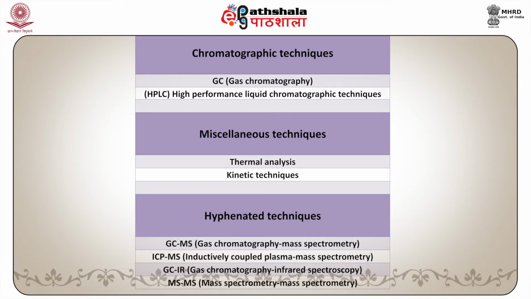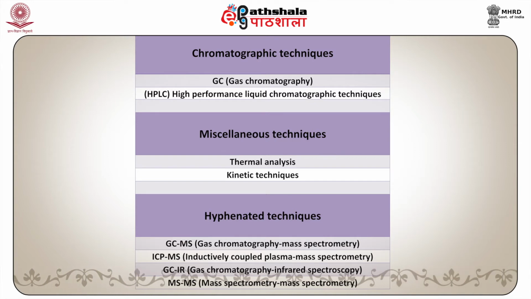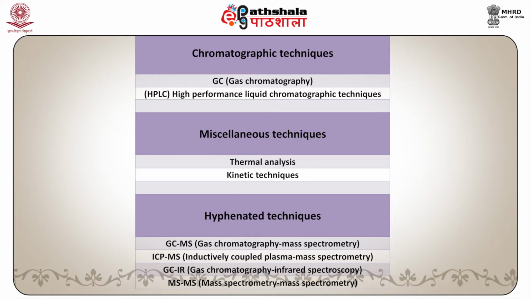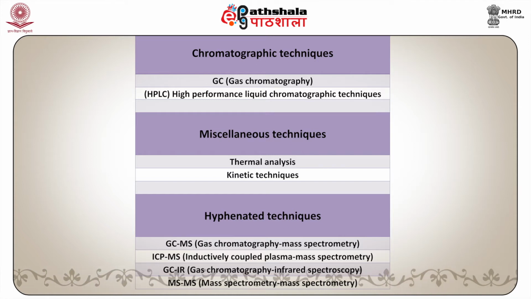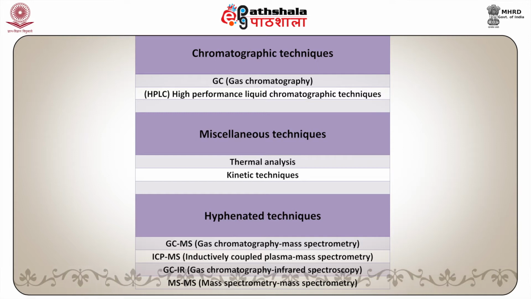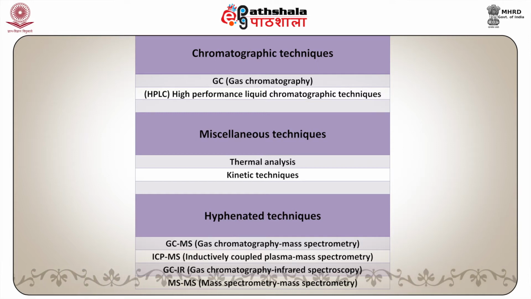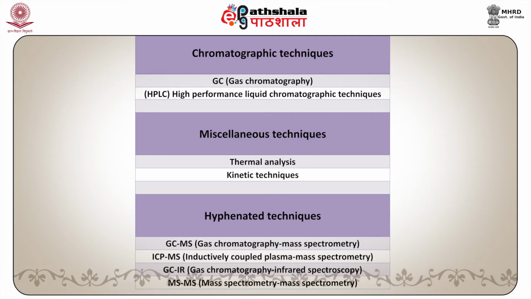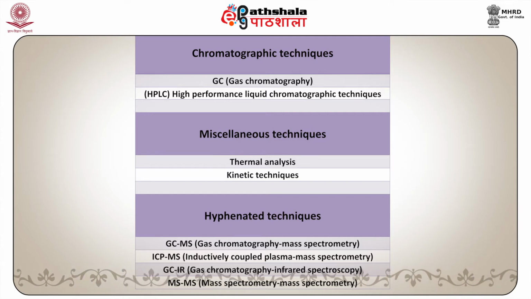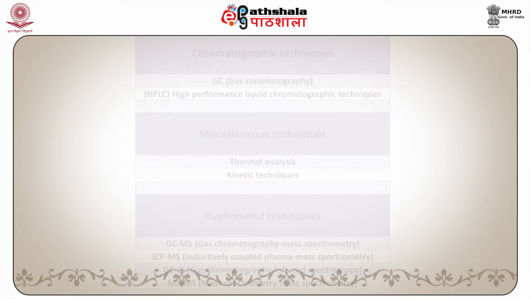Also, there are some hyphenated techniques like GC-MS, that is gas chromatography mass spectrometry, ICP-MS, that is inductively coupled plasma mass spectrometry, GC-IR, that is gas chromatography infrared spectroscopy, and also MS-MS, that is mass spectrometry mass spectrometry.